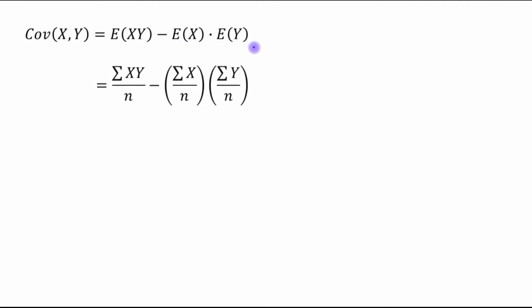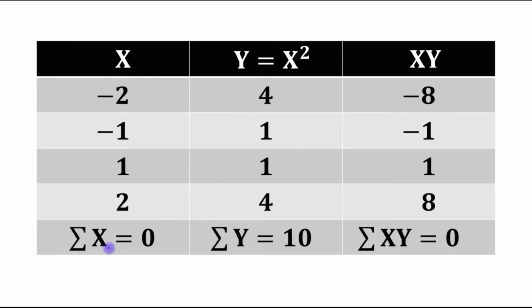We know that covariance between x and y is equal to E(xy) minus E(x) times E(y). In the next step, we can write it as sigma xy upon n minus sigma x upon n times sigma y upon n. Here you can see that sigma xy is 0, sigma x is 0 and sigma y is 10.